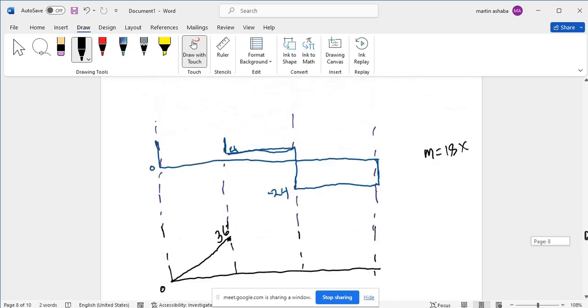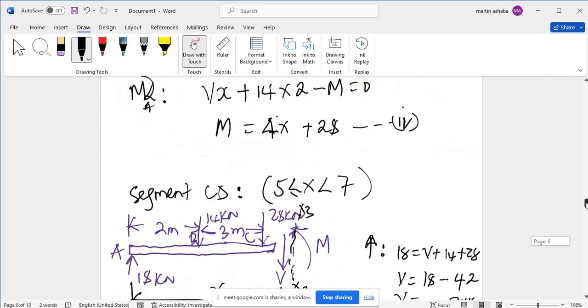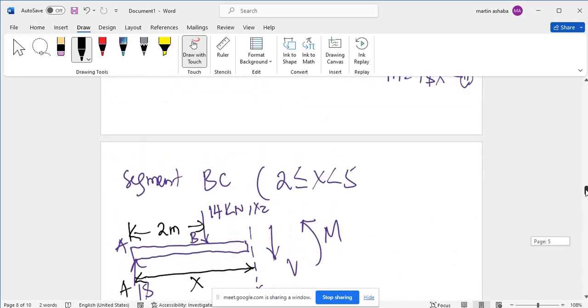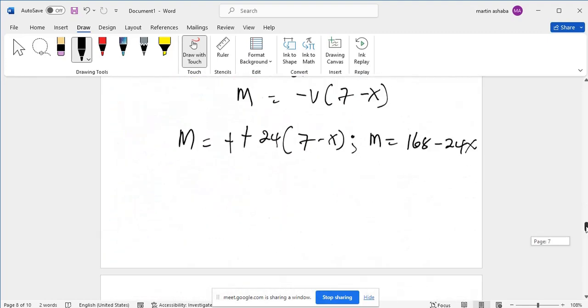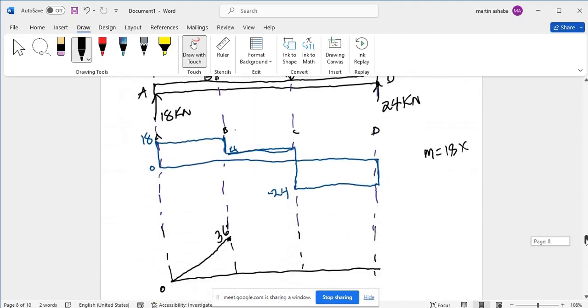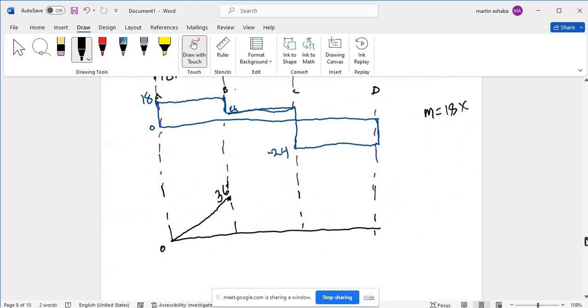Between B and C, what is the equation? Look at segment BC. The equation for bending moment is 4x plus 28. When the distance x is equal to 2, remember, this is 2, then this one is 5.